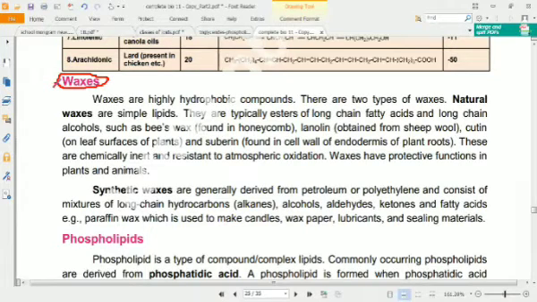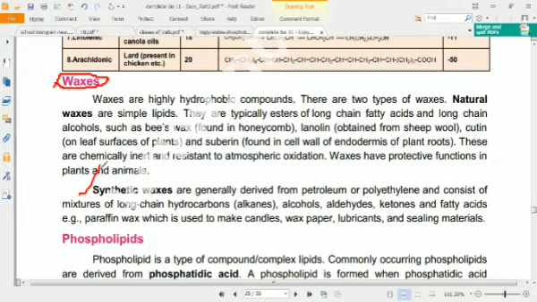The type which is given in your book. Waxes are actually highly hydrophobic compounds. There are 2 types of waxes: natural waxes, which are also simple lipids, as well as synthetic waxes.